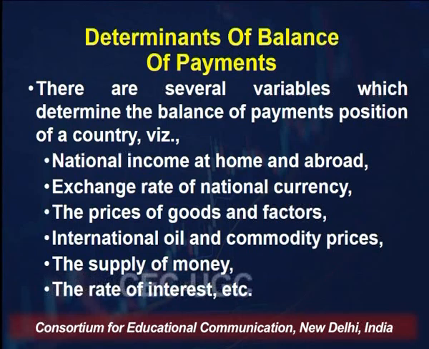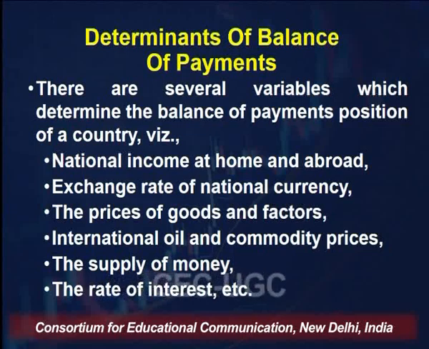There are several variables which determine the balance of payment position of a country, like national income at home and also abroad, the exchange rate of our currency, the prices of goods and services, and international oil and commodity prices, because it's a comparative analysis.